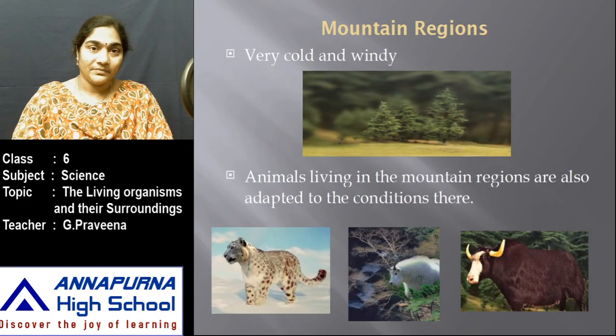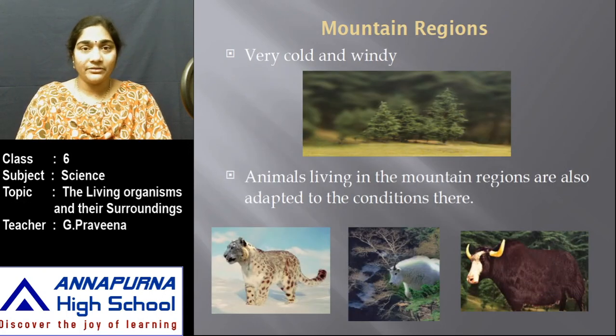Now moving to the mountain regions of the terrestrial land area, it is very cold and also windy, and sometimes during the winter you can see snowfall. Observe the image here of a tree. What is the adaptation seen in these plants? They are cone shaped, the branches are sloping, and the leaves are spiny.